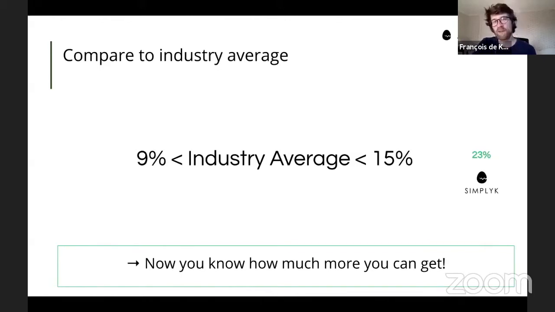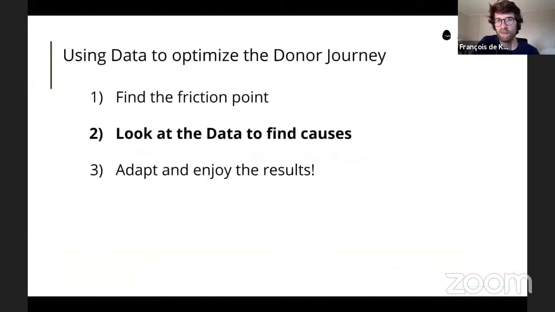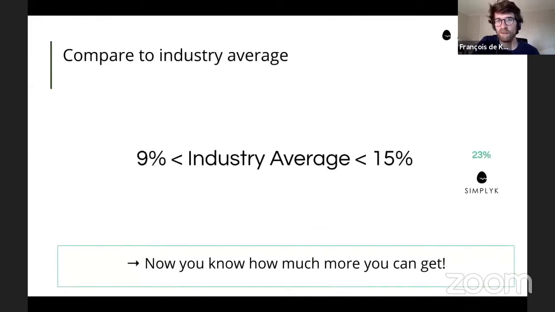Then you can optimize even more, probably for another time, with some A/B testing, and explain more what you're going to do with the donation, because that is always the number one thing that increases donor conversion.